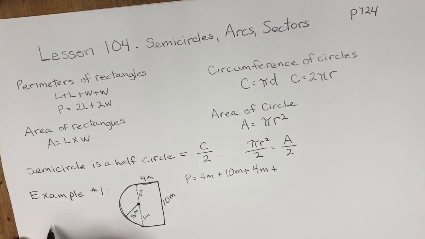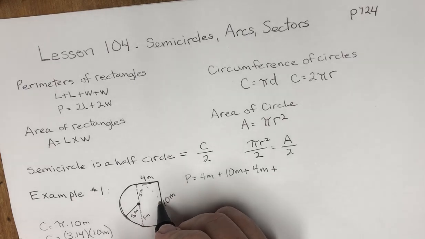So we know circumference is pi times diameter, and our diameter on this is 10 meters. So our circumference is going to be 3.14 times 10. And that's going to give us 31.4 meters for the entire circle.